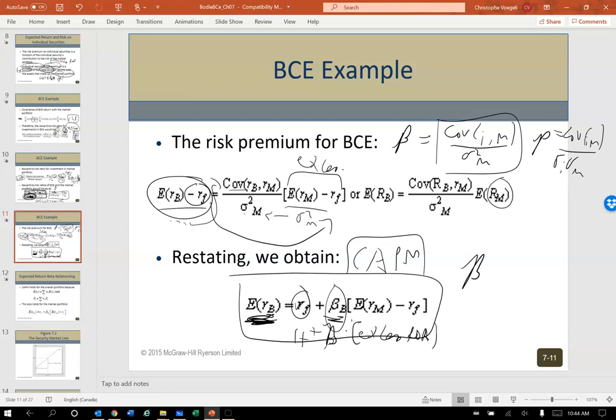So remember, beta is basically a measure of sensitivity of investment I, or in this case investment B, to the market. In layman's terms, it's kind of like correlation again. Look how similar the formulas look. Quite similar.